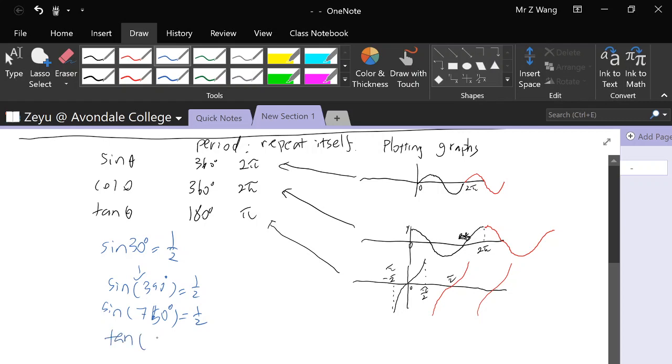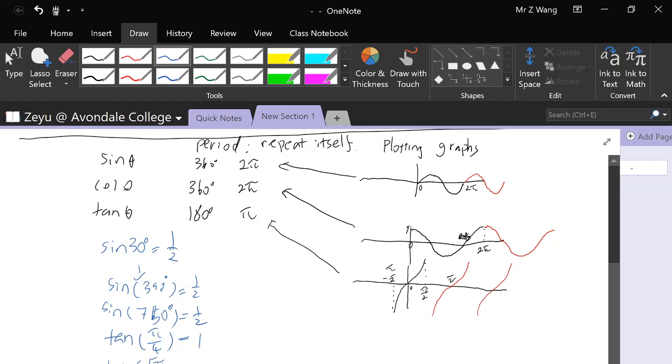For tangent, it's the same thing. Let's say tangent of quarter pi. You should be able to know what this is. This is 45 degrees. Tangent 45 degrees is 1. So I know if I add another 180 degrees, or add pi, this is also equal to 1. And on and on.